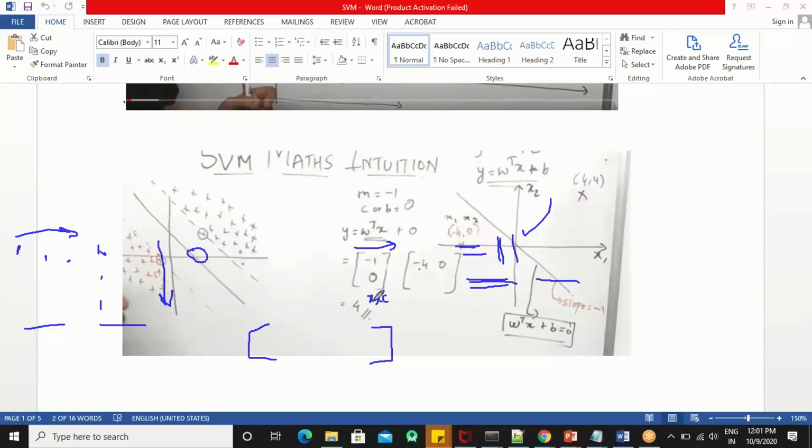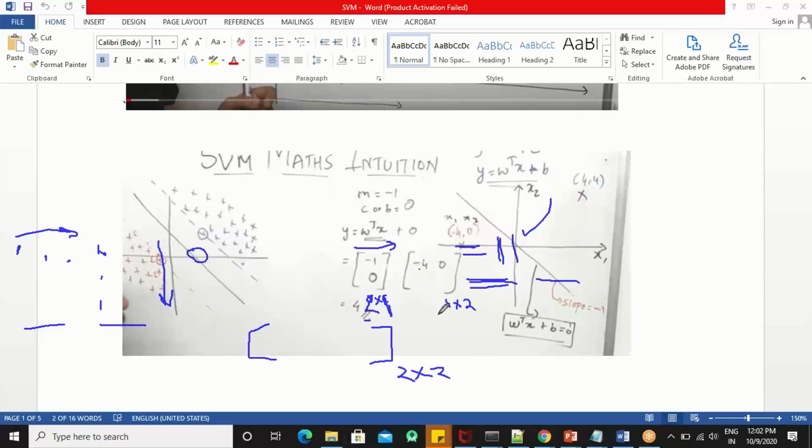How many rows does this have? 2. There are 2 rows and 1 column, and this has 1 row and 2 columns. So the resultant of this multiplication will be, I think, 1 by 2. Can anyone tell me, 1 by 2 or 2 by 2? 2 by 2, Pragesha. Okay, yeah, correct.